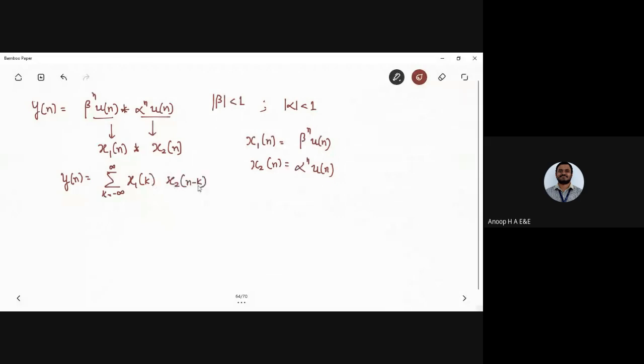So I have these two signals. I'll rewrite it again in terms of x1 of k and x2 of n minus k.